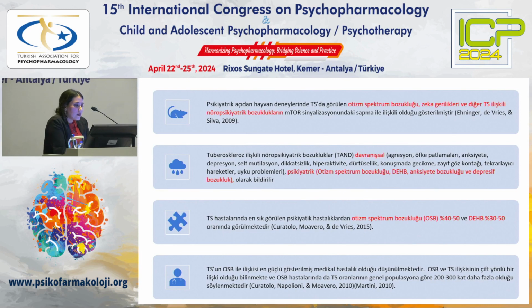Among the most common psychiatric disorders, autism spectrum disorder is seen in up to 40 to 50%, and ADHD in 30 to 50% of TS patients. TS is considered to be the medical disorder with the strongest demonstrated association with ASD. The relationship between ASD and TS is bidirectional, and the rate of TS in ASD patients is said to be 200 to 300 times higher than in the general population.